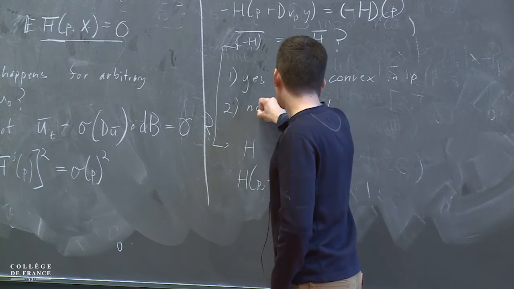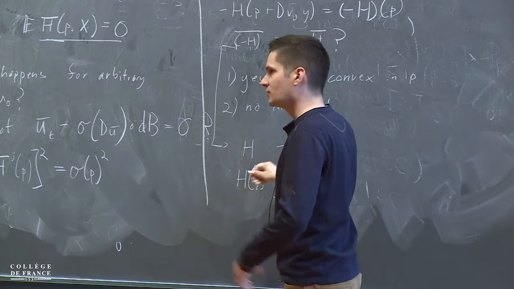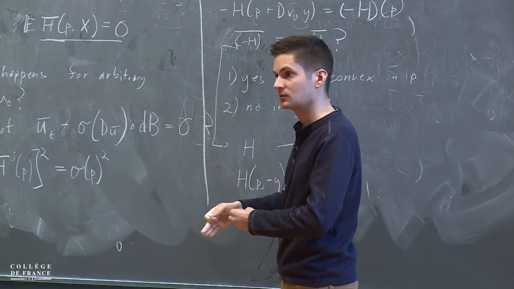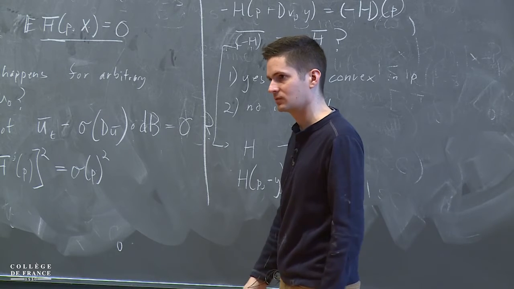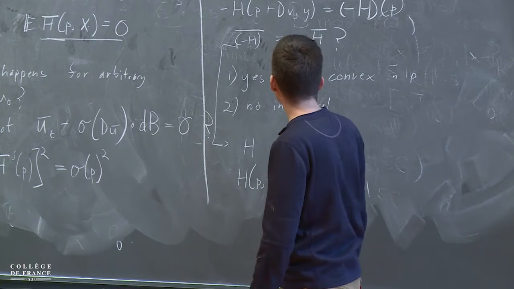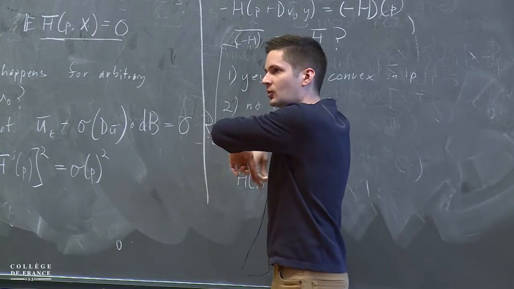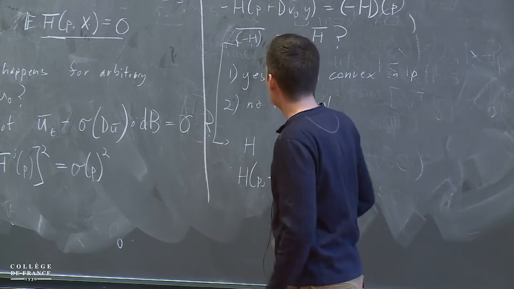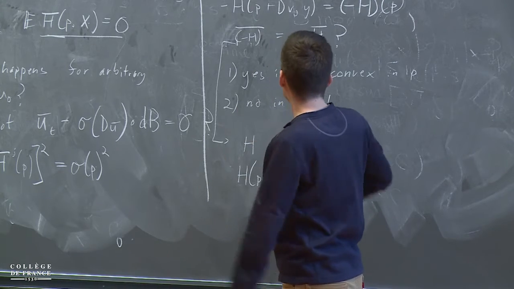And so no in general means that the way that the spatial dependence is ordered actually makes a difference for the effective Hamiltonian. I found this rather interesting, and this goes down a long rabbit hole of weak KAM theory and things like that, but I don't want to go there.